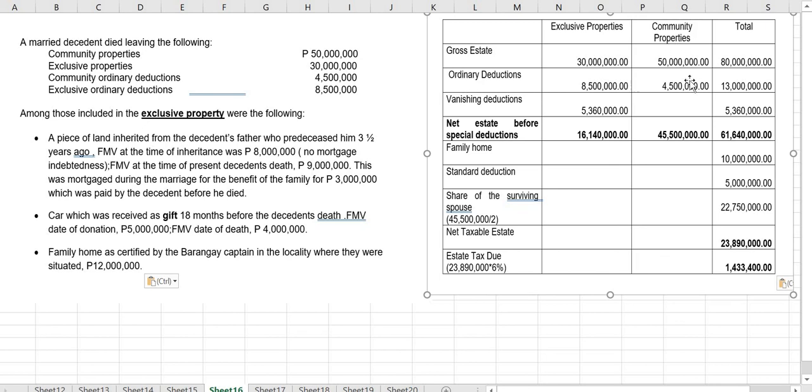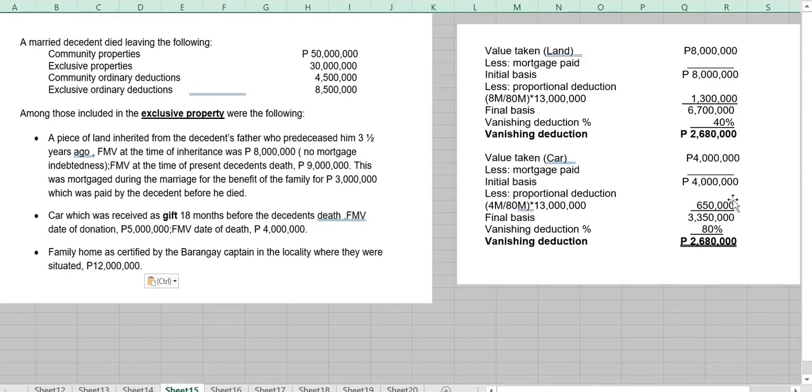You have community deduction of 4.5, which you deduct from the community property. The vanishing deduction, since these are part of the exclusive property, is also deducted from exclusive property, at a total of 5,360,000. The sum is 2,680 plus 2,680.